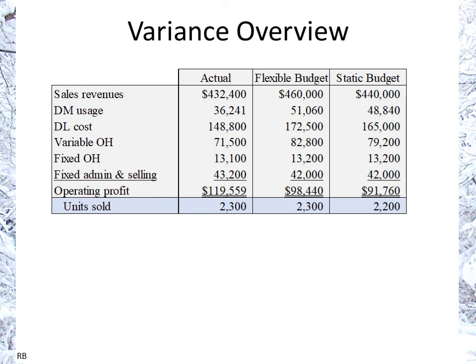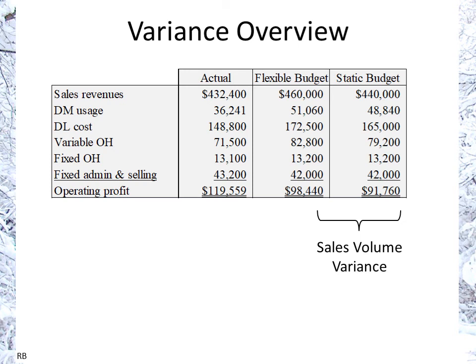As an overview, we start off with the actuals on the left, we have the static budget on the right, and in the middle we place the flexible budget. The units sold in this flexible budget are the same as the actual, but the variable costs and the variable sales revenues are consistent with the amounts expected from the static budget.